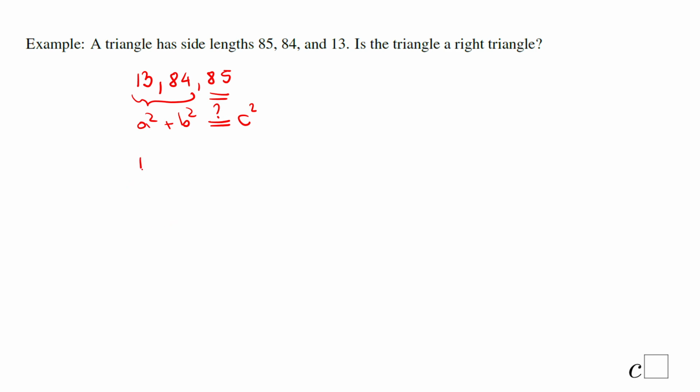So let's see, 13 squared plus 84 squared, is that equal to 85 squared? The 13 squared, I think it's 169, but let me grab a calculator. Yeah, that is 169. For sure I'm going to need a calculator for 84 squared, which is 7056.